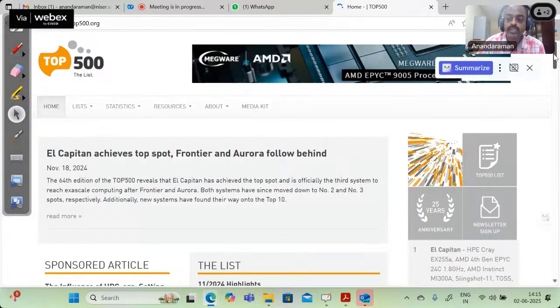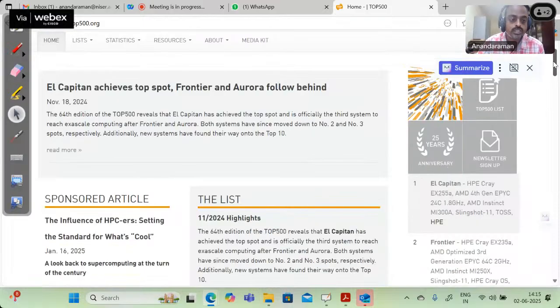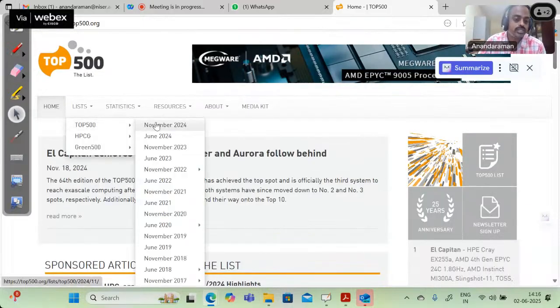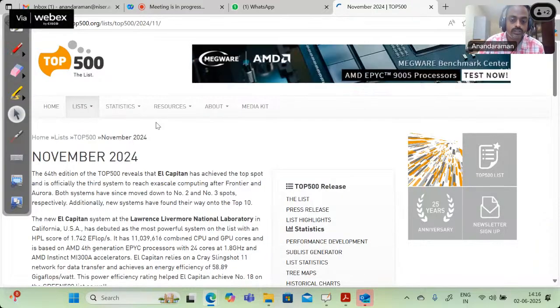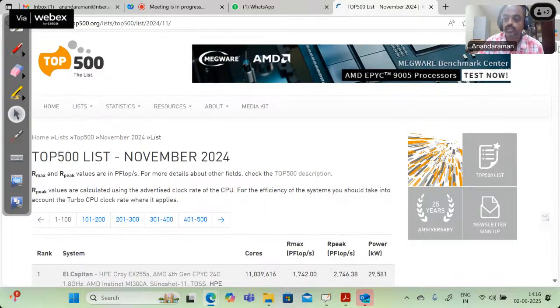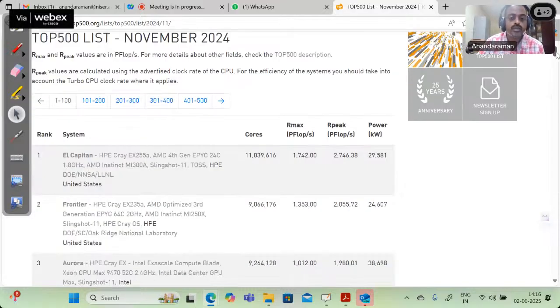This website lists all the top HPCs in the world. They release the list every six months, in June and November. We will take November. This is the global list of top supercomputers. Here they mention the values in petaflops.